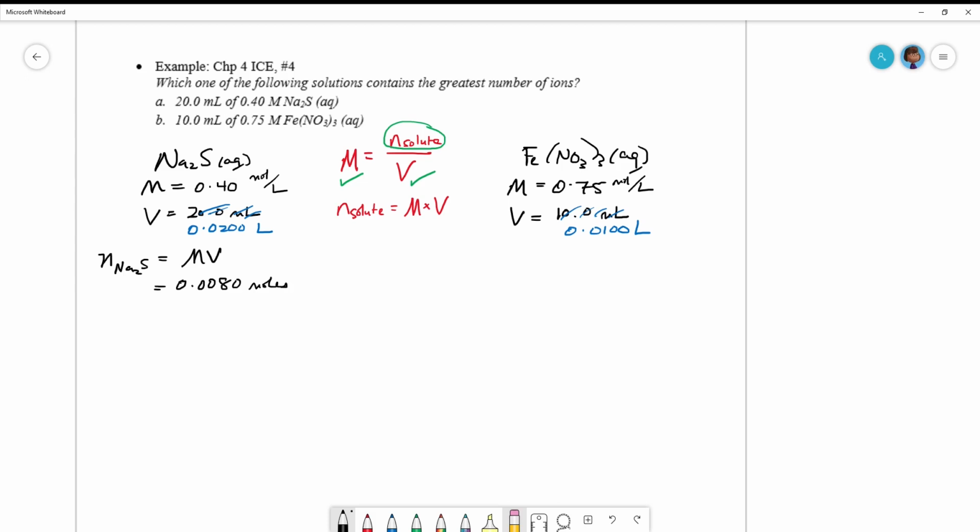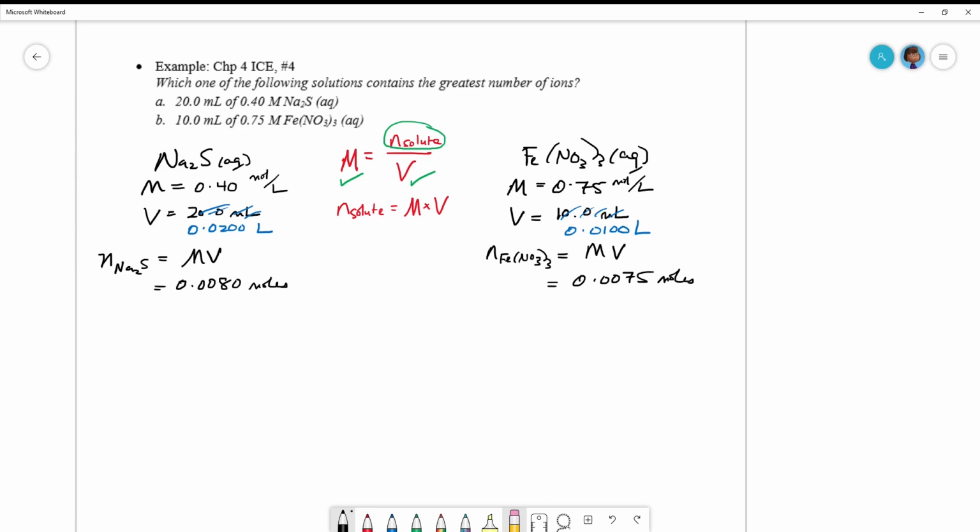Over here for the iron nitrate, moles of iron 3 nitrate. Again, take the molarity, multiply it by the volume, liters cancel liters, and I ended up getting 0.0075 moles of iron nitrate.